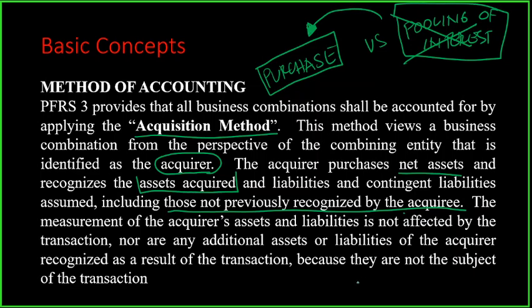If they were identified, then they are going to be considered by the acquirer. The measurement of the acquirer's assets and liabilities is not affected by the transaction, nor are additional assets or liabilities of the acquirer recognized as a result of the transaction, because they are not the subject of the transaction. What transaction? Business combination. So in short, we just focus on the net assets acquired, or simply the net assets of the acquiree.